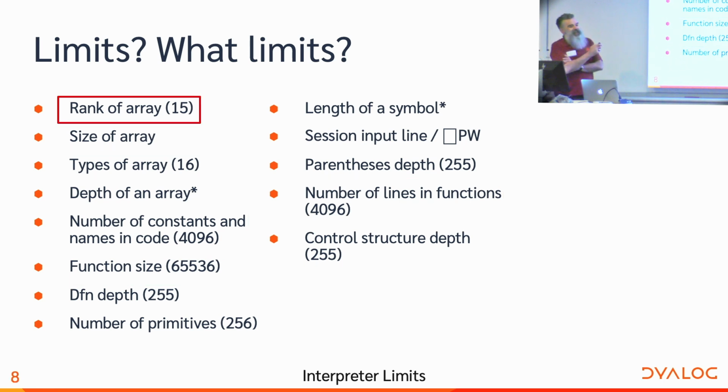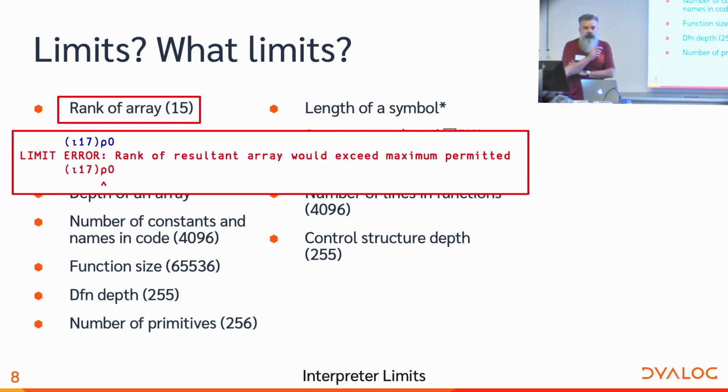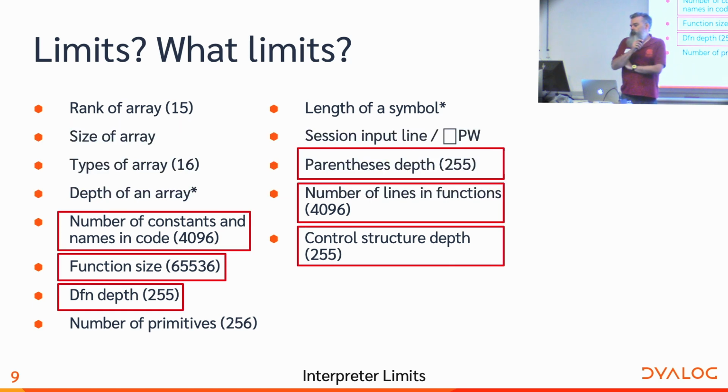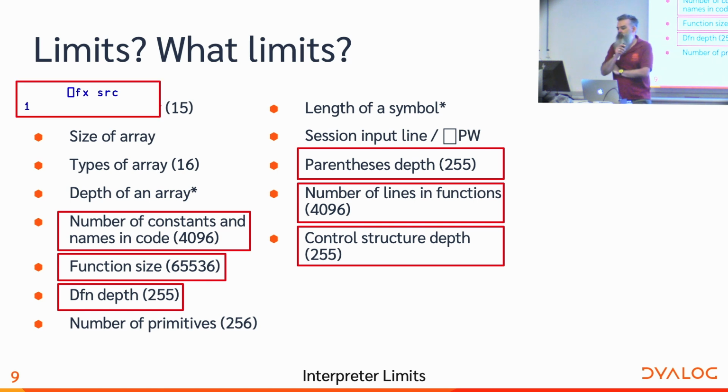Some of these will be quite obvious to you in terms of failing cases. If you try to create an expression that goes too high in rank, you'll get a limit error with a DMX message that says, well, we can't do that much rank. Limits that are to do with restrictions in the code that you write are a little bit more insidious in how they report themselves to you. Typically, you just get a digit back from QuadFX rather than the name of the function, which is what you get back if it had worked.